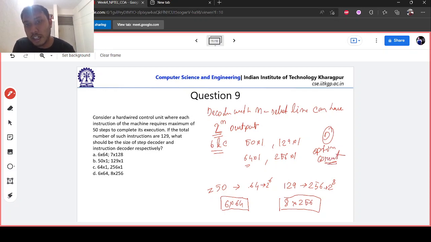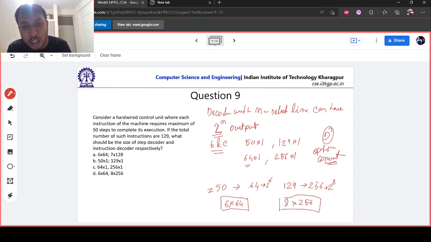Again I am repeating, a decoder with n select lines will have 2 to the power of n outputs. How many outputs are required here? For steps 50, and for instruction 129. Obviously both are not powers of 2, because it has to be a power of 2. So the nearest will be 64 and 256. So it will be 2 to the power of 6 and 2 to the power of 8.